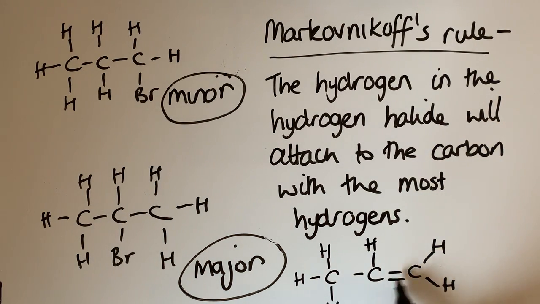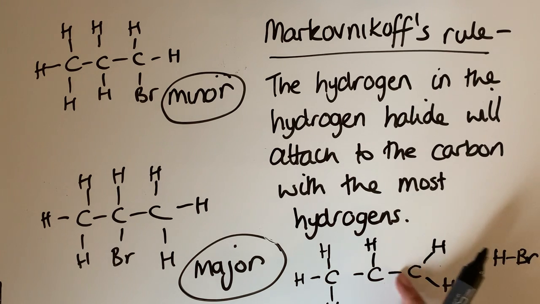Out of these two carbons, according to Markovnikov's rule, the hydrogen in the hydrogen halide, HBr, is going to attach to the carbon with the most hydrogens. This carbon here has only one hydrogen, this carbon here has two hydrogens, and therefore the H in HBr will attach to this carbon. When you form your product, it will be there and the Br will be there. And this is the same as the major product that we've drawn there.